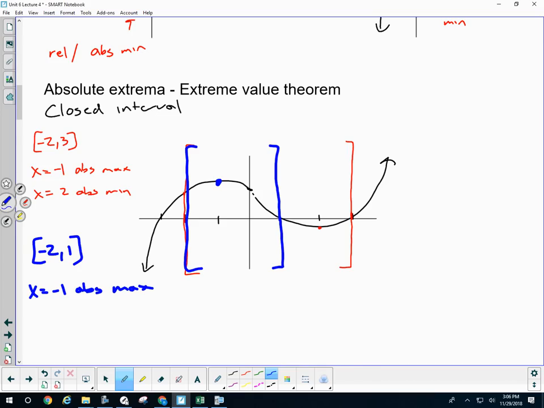It's at 1. Why, Mr. Barker? It's the lowest point. Since we are including the endpoints, this is a point down here. This is a point up here. Well, this is the lowest value at 1. This is what we call an endpoint.